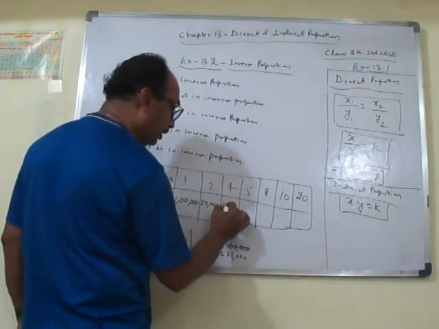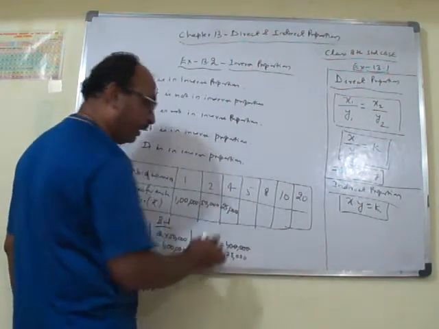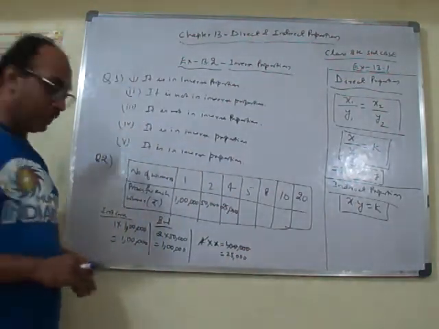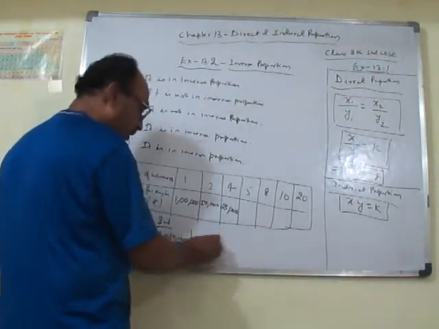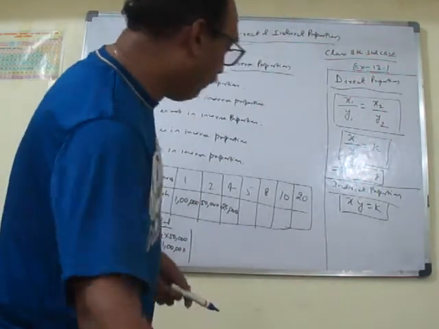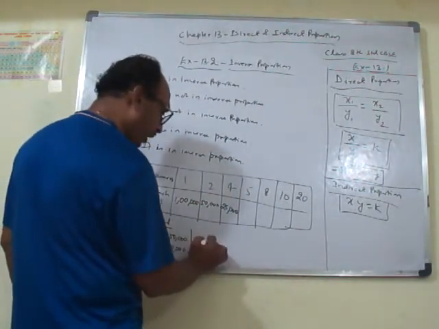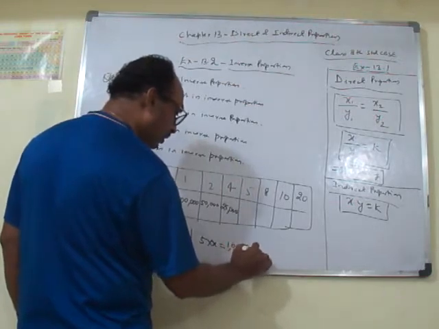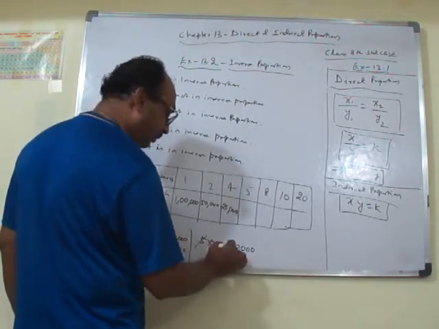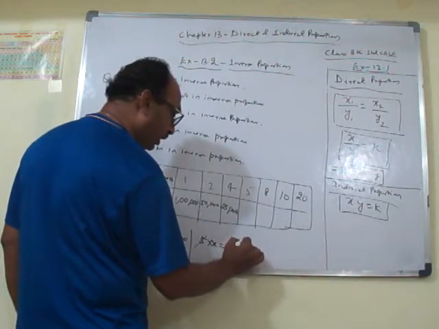Again it is 1 lakh. In the next case, when there will be 5 winners, 5 into x is again 1 lakh, we divide it by 5, we get 20,000.